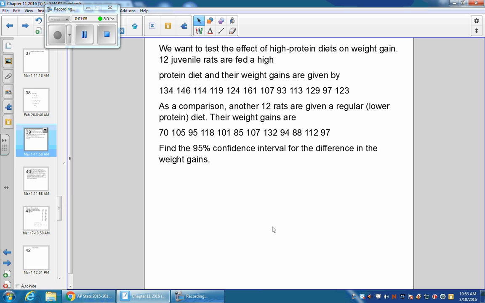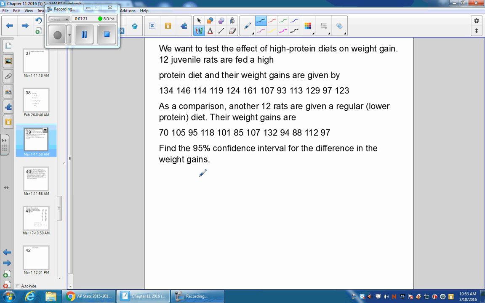Now, are these the same two rats? I think you should see here, no. If they were the same rats, we could do a matched pairs test. But since they're not the same rats, these are two independent values. So we have an independent t. So we're going to use our formula for one.